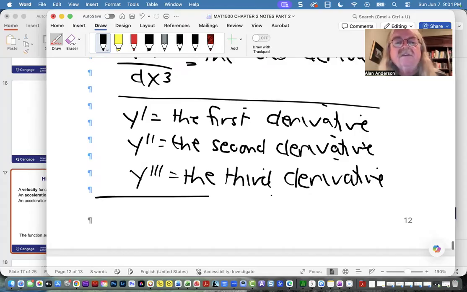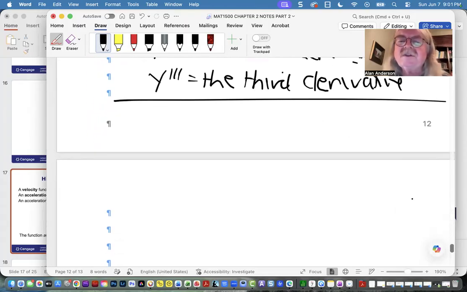So, luckily for us, though, the higher order derivatives just mean you're repeating the same rules more than once. There's nothing else to it. It's just do it again.